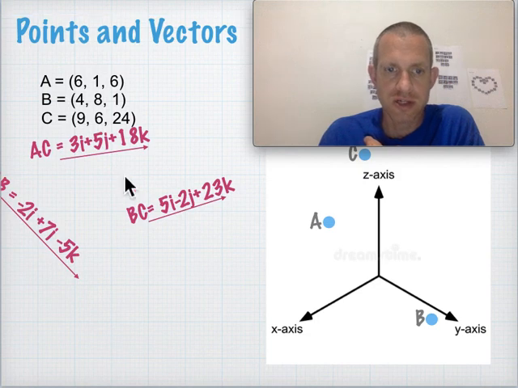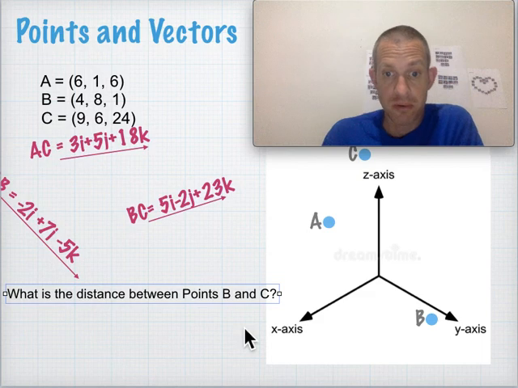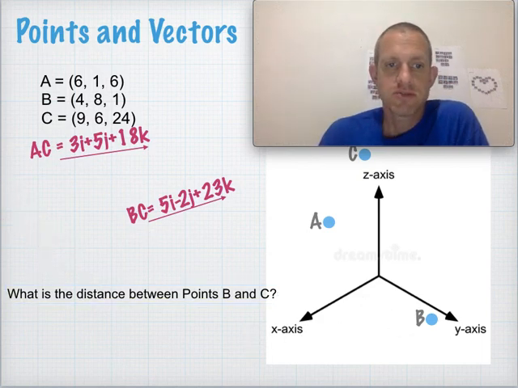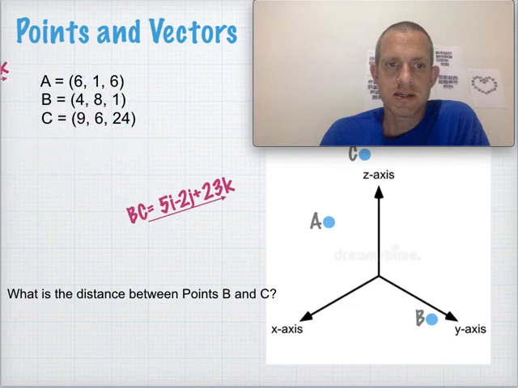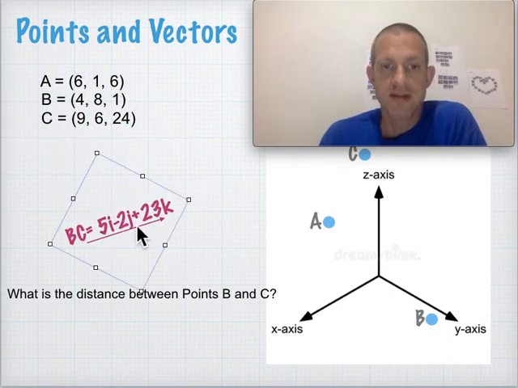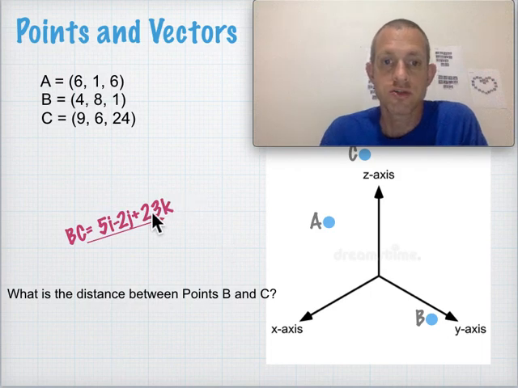A more interesting question is, what's the distance between points B and C? The distance between points B and C is also the same thing as the length of vector BC. And to find the length of a vector, it uses the Pythagorean theorem, only in more than just 2 dimensions.